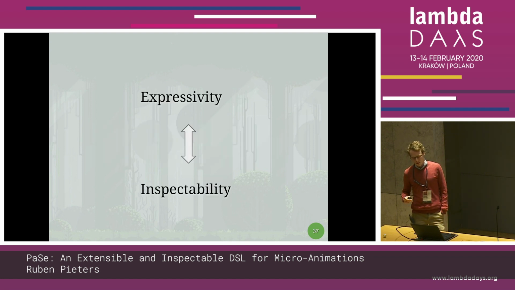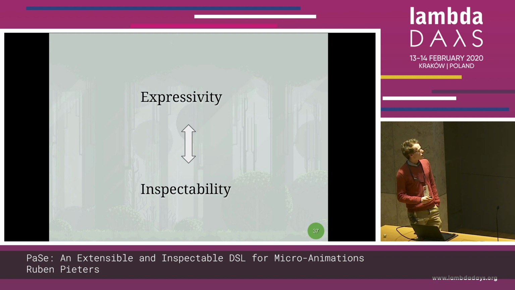And so there is always this kind of trade-off between expressivity and inspectability. Expressivity is in the sense that, for example, the monadic composition is very expressive. We can use it to create a lot of other expressive things, such as reusing it to have conditional animations.